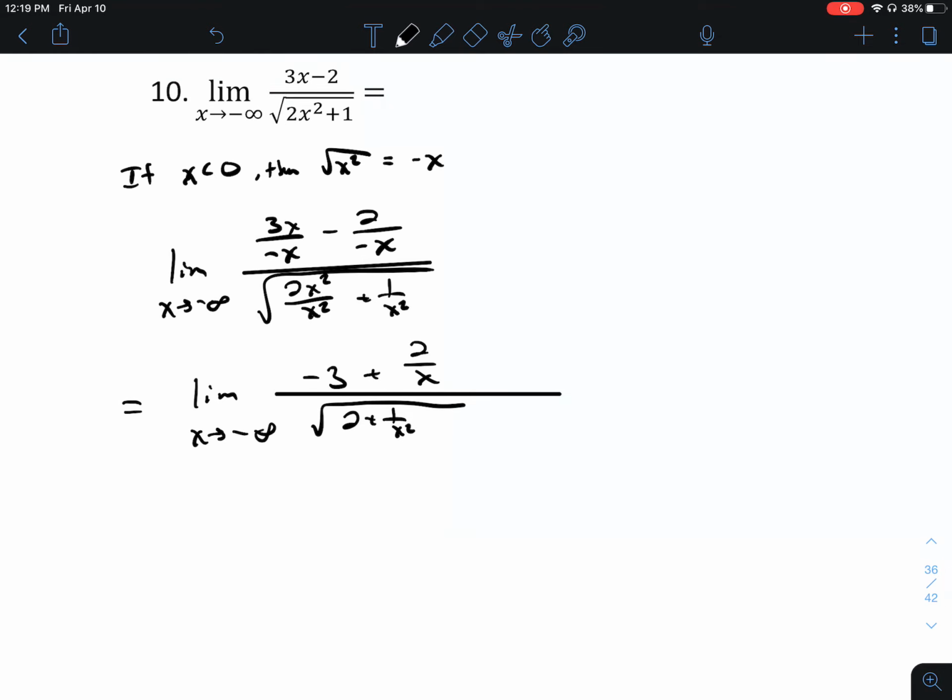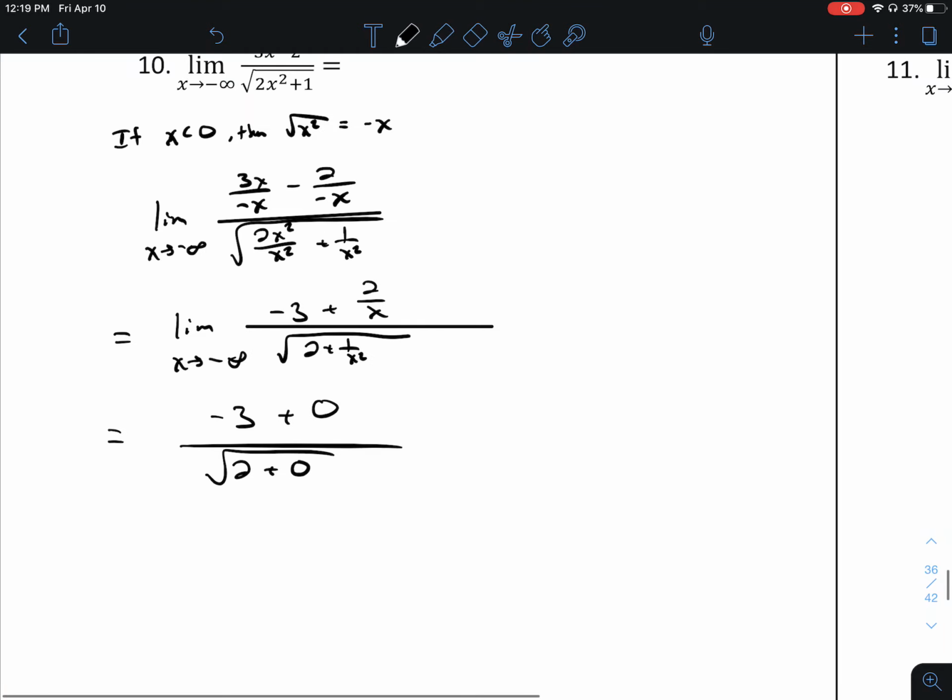To evaluate this limit, as x approaches negative infinity, negative 3 is going to approach negative 3. 2 over x is going to approach 0. Square root of 2 is going to approach square root of 2. 1 over x squared is going to approach 0. This ends up being negative 3 over the square root of 2.